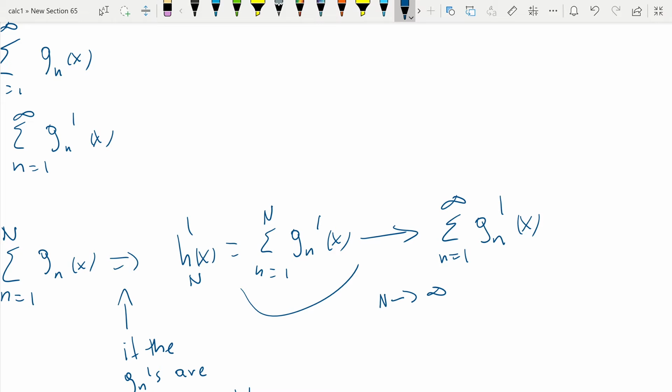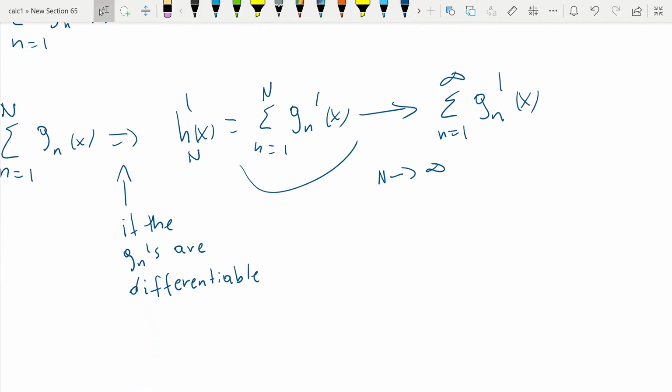And of course, if that's the case, then you can differentiate term by term when you have finitely many terms. And if you can take the limit, if that is your limit, I mean, the series converges, then you will be able to compute the derivative of h, of the limit of this expression here, by simply taking all the derivatives of the gn's and then adding them all together.